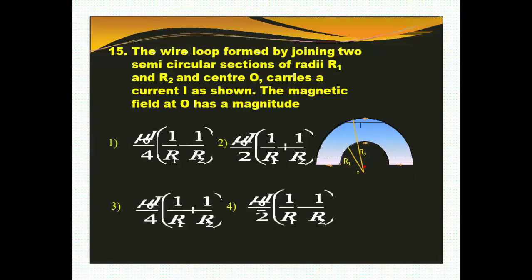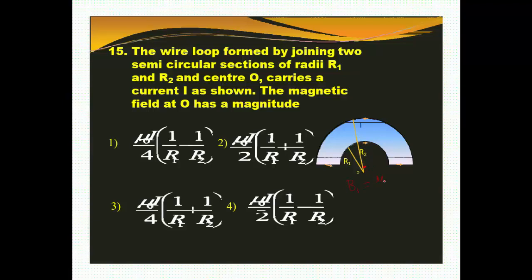For which one is outward? Inner coil, means R1 radius. For which coil the magnetic field is inward? That is the R2 radius coil. So I will write first B1, magnetic field due to inner coil.